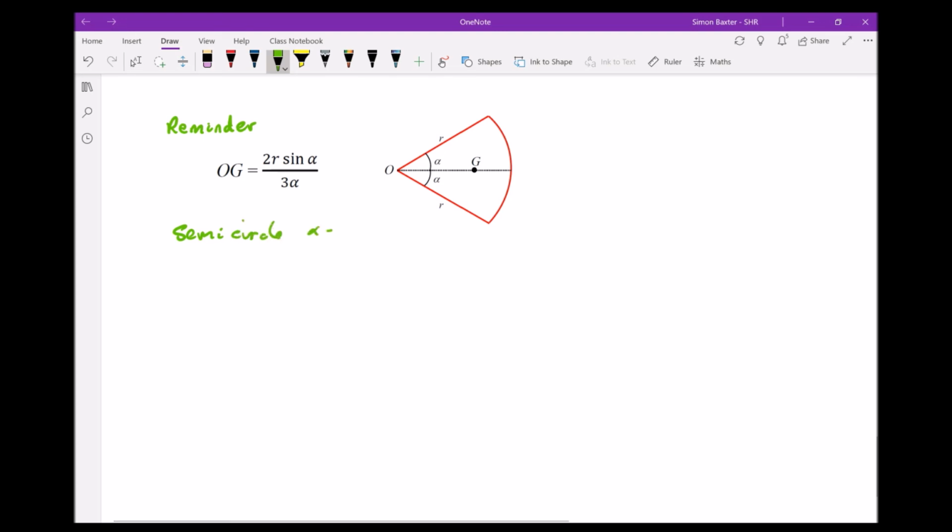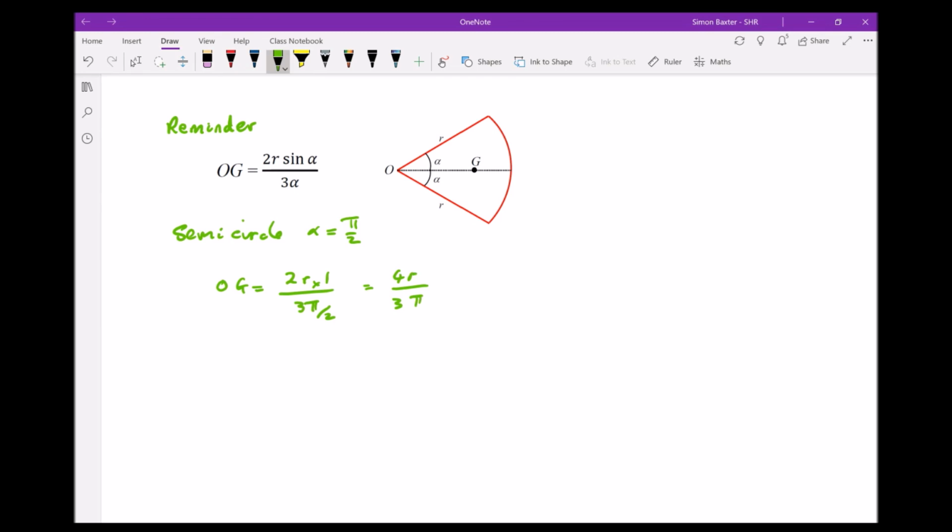Well, if we have a semicircle, then alpha is pi by 2. 2 alpha is then pi. And so in this case, OG is going to be 2r sine alpha, where sine pi by 2 is 1, divided by 3 alpha, which is 3 pi by 2, which equals 4r over 3 pi.